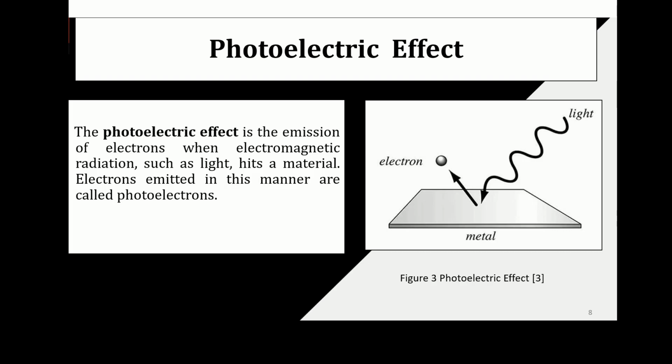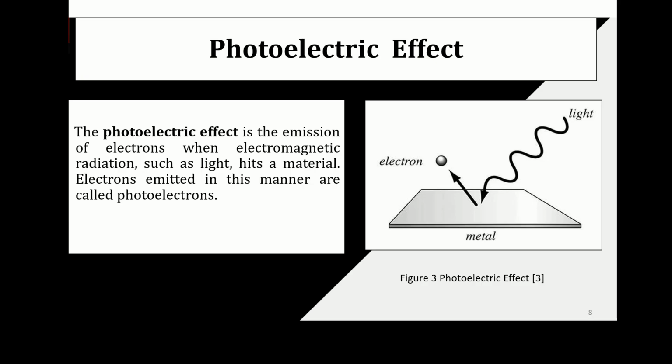And you see, this is the photoelectric effect. As you can see from this figure, when a suitable frequency of light falls on the metal, ejection of electrons takes place. Suitable frequency means this, because electrons are bound to the metal.